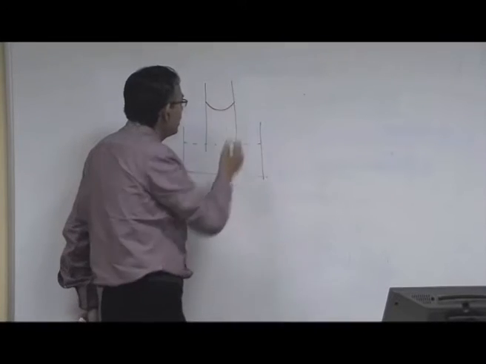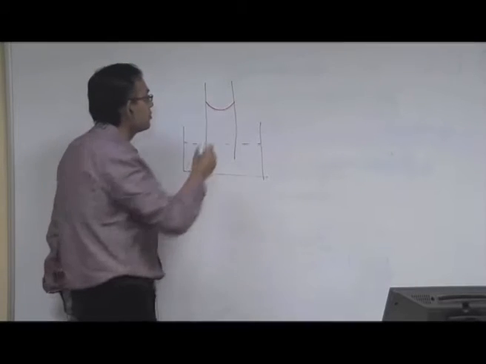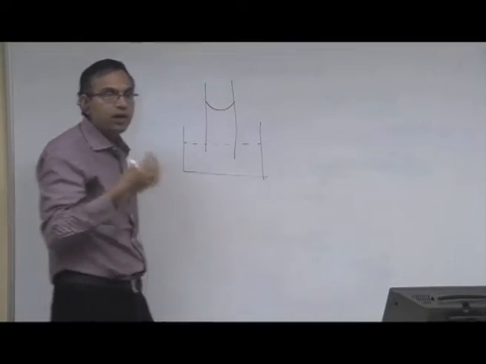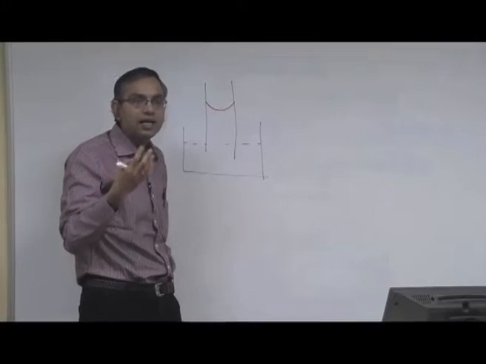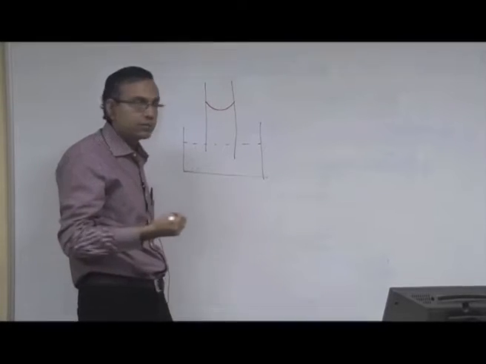So, let us say that there is a meniscus that is formed because of a capillary rise. This phenomenon, that we are calling capillary rise, can also be a capillary depression depending on the contact angle.